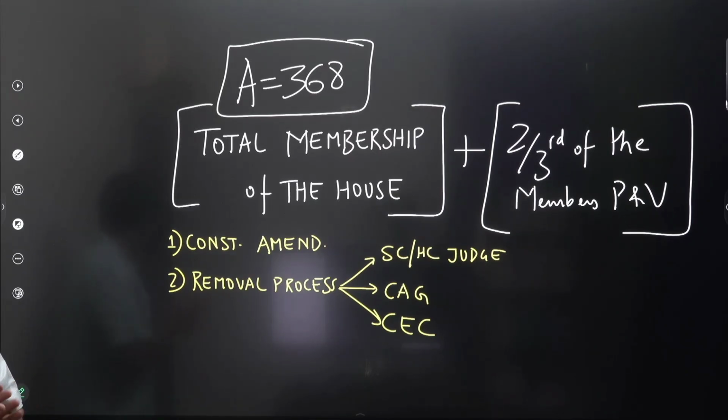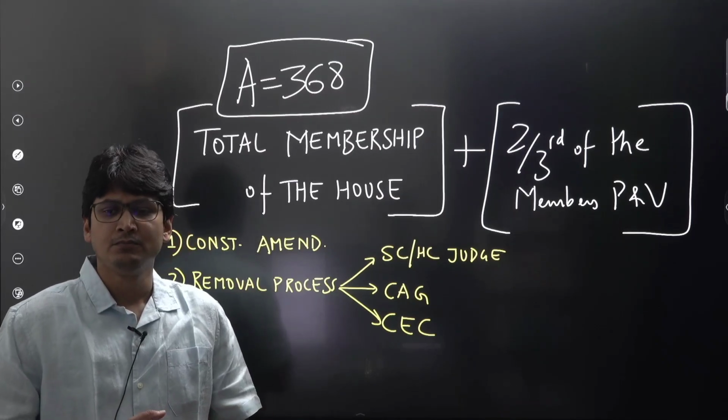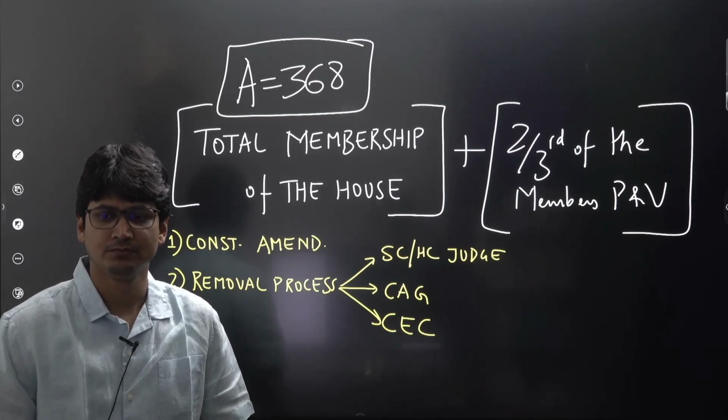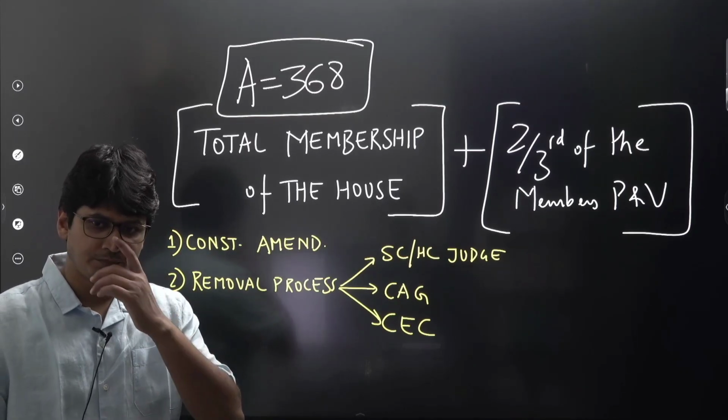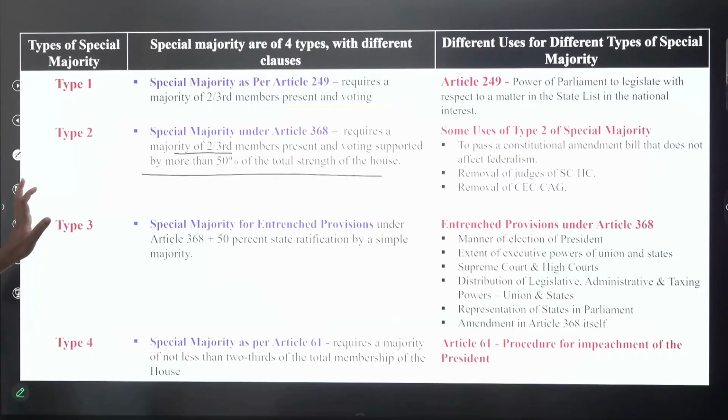Clear? Krishna, is this clear now? So this type is used to pass a constitutional amendment bill that does not affect federalism, for removal of judges of the Supreme Court and High Court, and for removal of the CEC and CAG.